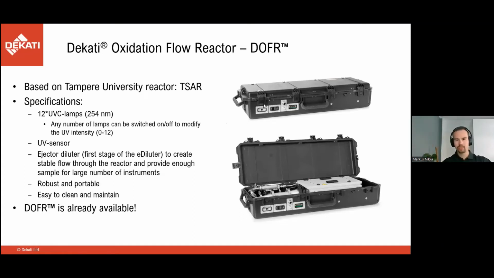Details about the reactor: there are 12 UVC lamps with wavelength of 254 nanometers, so these will produce the hydroxyl radicals when there is ozone and water molecules present. And any number of lamps can be switched on or off, and this is the way you can modify the UV intensity inside the reactor.